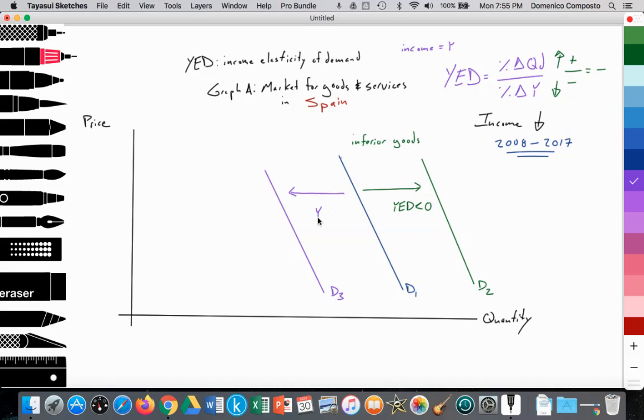In this case, YED has a value between 0 and 1. So YED is less than 1, but greater than 0. And here we see that income is falling and the demand is also falling.